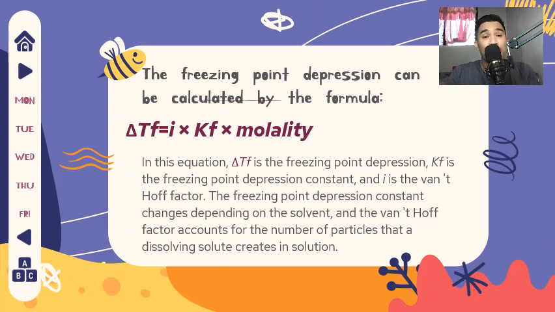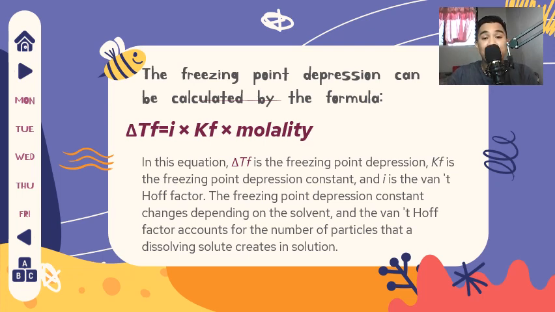The freezing point depression can be calculated by the formula: ΔT_f = i × K_f × m, where m is the molality. In this equation, ΔT_f is the freezing point depression, K_f is the freezing point depression constant, and i is the Van't Hoff factor.